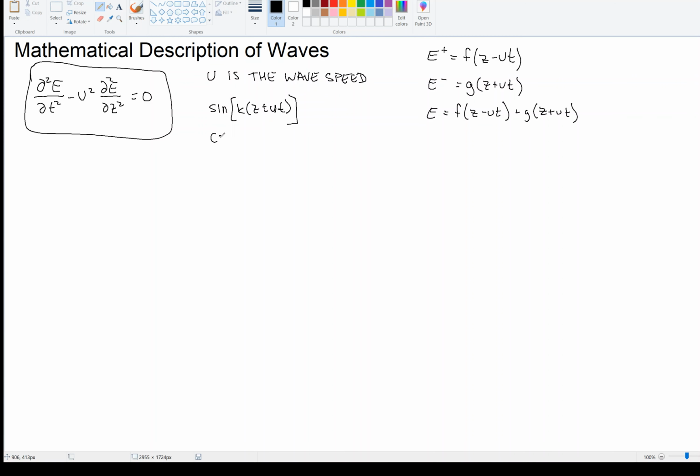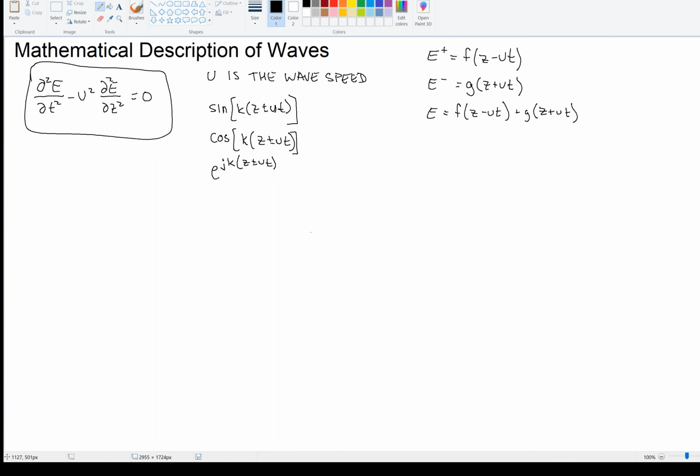Cosine of k times z plus or minus u times t would satisfy the wave equation. And just another example, e to the jk times z plus or minus ut will satisfy that equation. Actually, there are an infinite number of possibilities that will satisfy that equation.